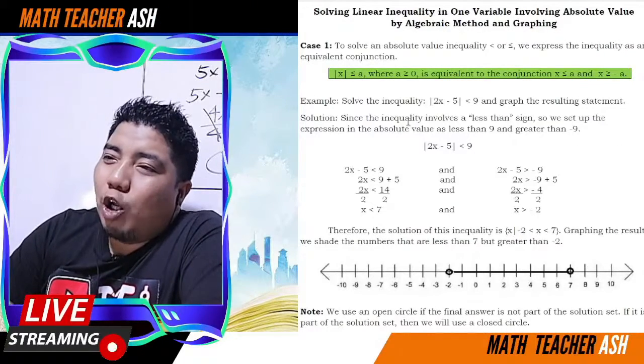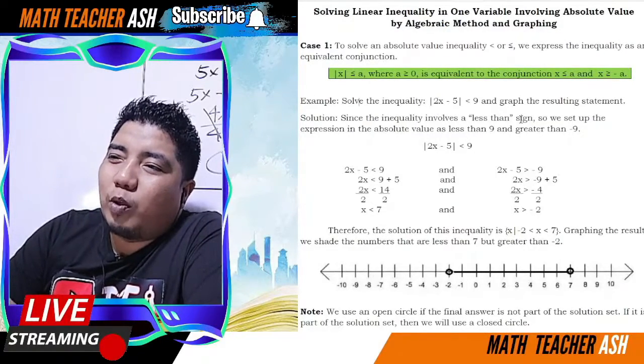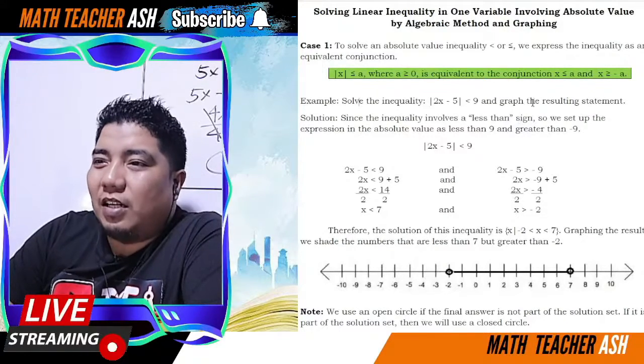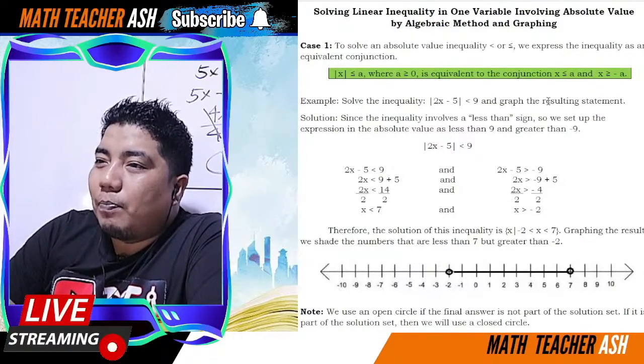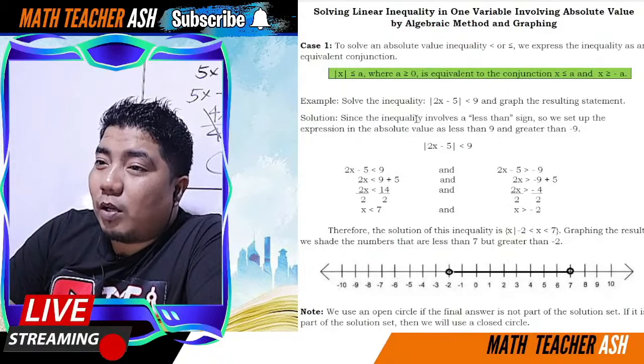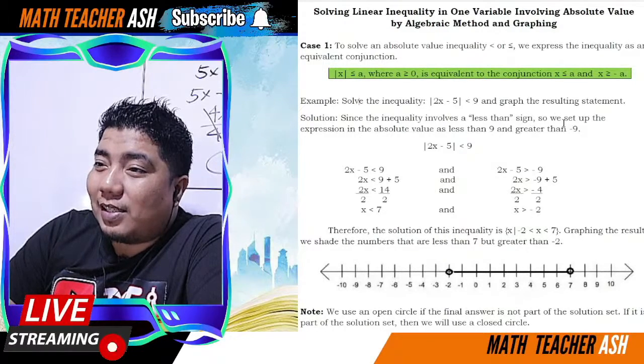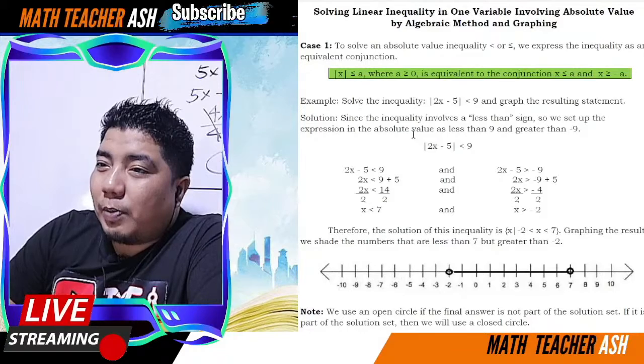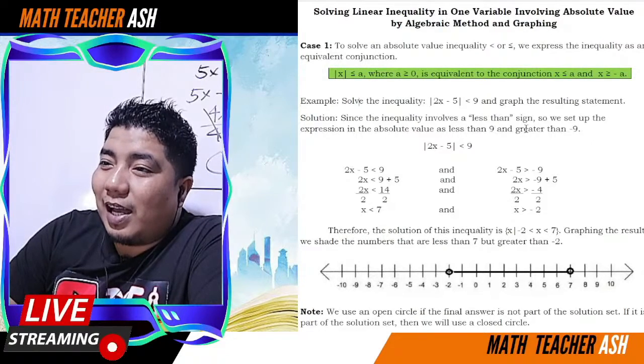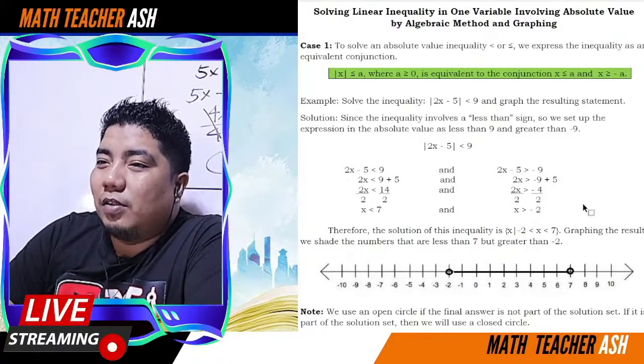So we have here, solve the inequality, the absolute value of 2x minus 5 is less than 9. So in the graph, the resulting statement, since the inequality involves a less than sign, so we set up expression in the absolute value as less than 9 or greater than 9. Okay.